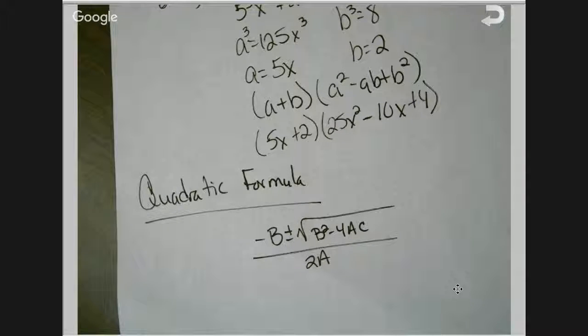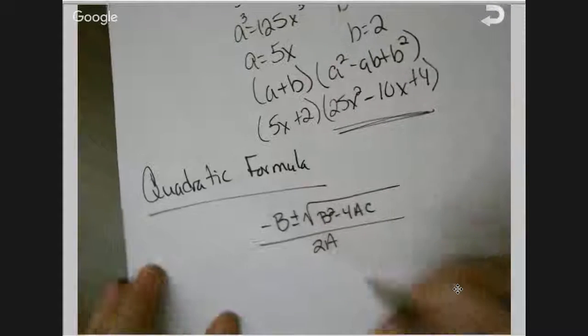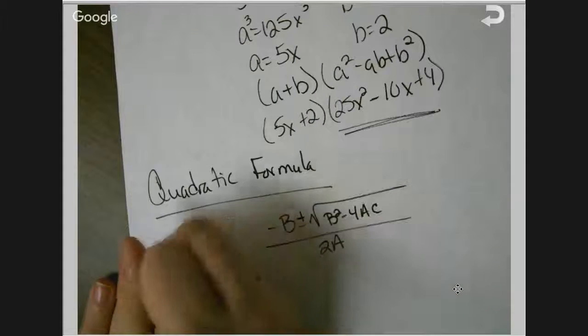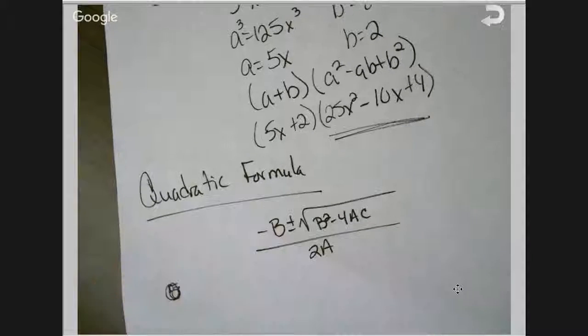Okay, you're still going to use the same a, b, and c that you used when we did the trinomial method. So that doesn't change. So for this example, whenever I'm not factoring but solving with the quadratic formula, I have 25x squared minus 10x plus 4. Let me switch to another piece of paper so I have room.